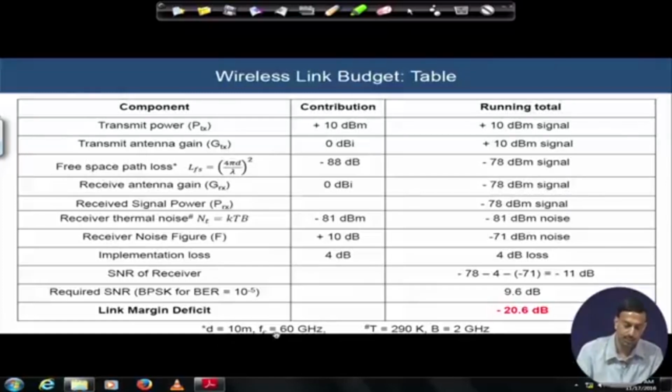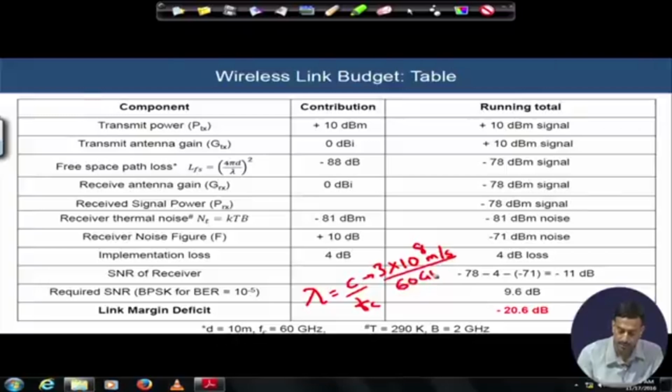That is again a well-known equation: lambda equals c divided by fc, where c is the speed of light, which is 3 into 10 to the power of 8 meters per second, and fc is already given as 60 gigahertz.